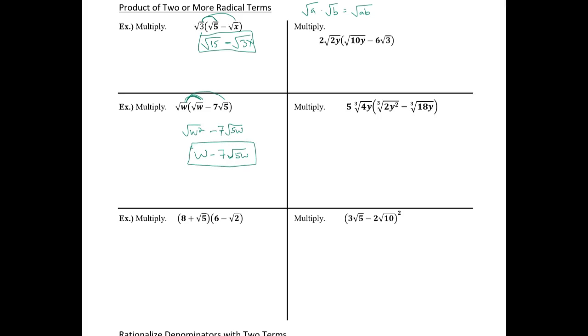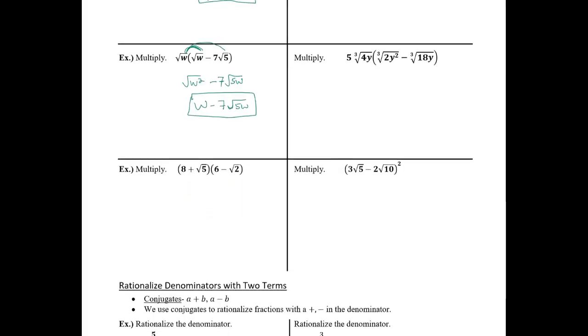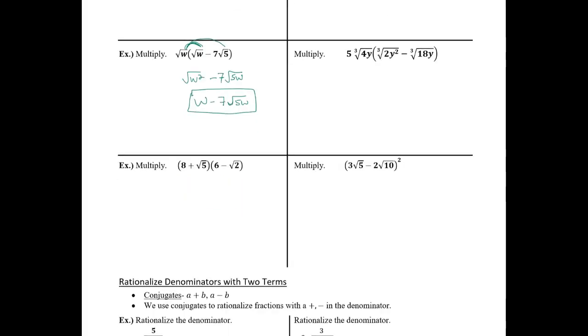Alright, what if I have more than one term being multiplied? So in this case, I have two terms being multiplied by two terms. Well, you have one of two ways. You could FOIL, so if you like that method, first, outer, inner, last, that works on 2 by 2. Or if you liked the box method, previously used, we could use that.